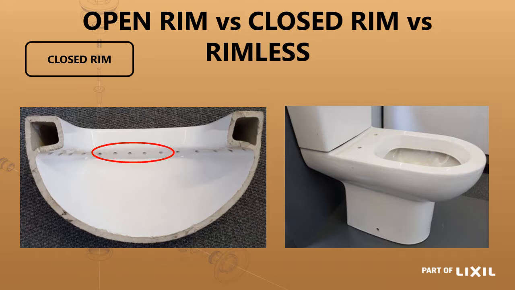When the water enters into the back of the pan, it fills up the rim completely, and water runs out of these holes, and it's a quieter flush than the open rim. The way you can identify that, if you look at the outside of the pan, it is smooth, so you don't have any exposed rim around the pan. So that is a lot more aesthetically pleasing, and it's also a quieter flush.